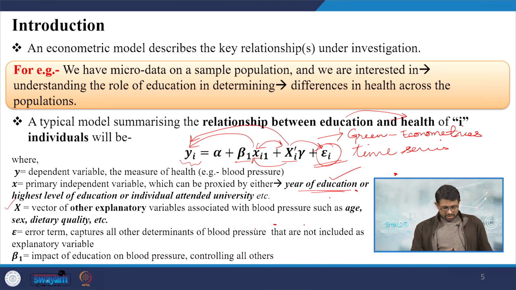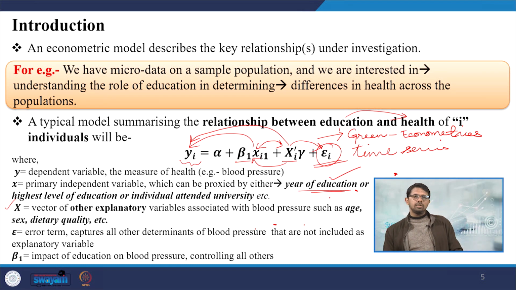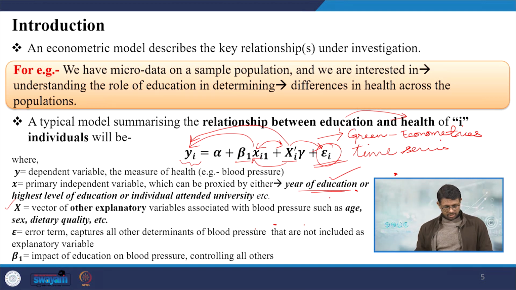Finally, the model usually possesses error terms. The error term captures all other determinants of blood pressure that are not included in the explanatory variables. So, beta 1 here is the coefficient that measures the impact of education on blood pressure, controlling for all other factors, keeping other factors constant.